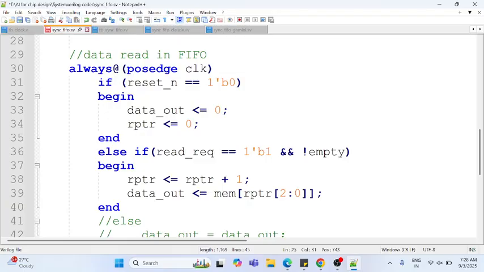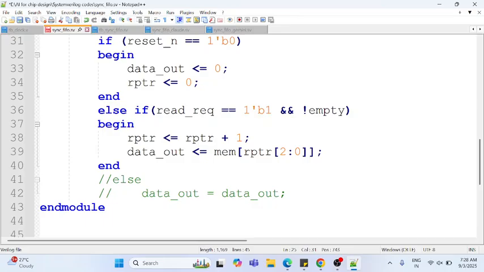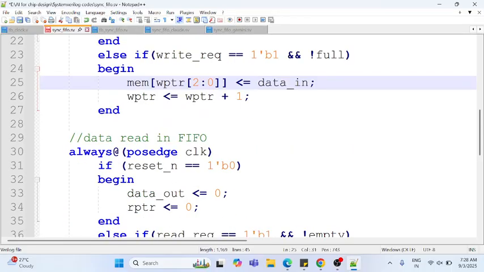Then only you can read the data. If empty is 1, it represents there is no data to be read. Therefore, for writing the data, the full flag should be equal to 0. For reading the data, the empty flag should be equal to 0. Then read pointer gets incremented by 1. Data out equal to mem of read pointer of 2:0.